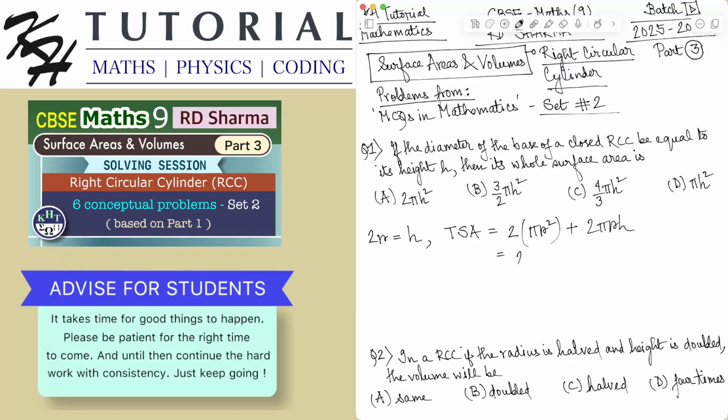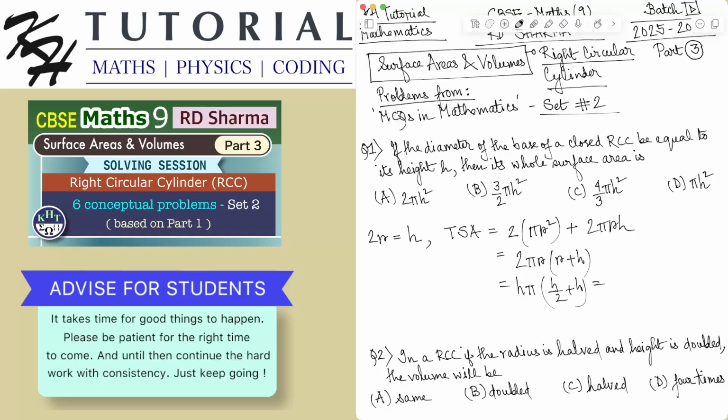So now you can say the formula was 2 pi r multiplied by r plus h. Now we know twice r is equal to h, so this will be h pi, and r is h by 2, h by 2 plus h.